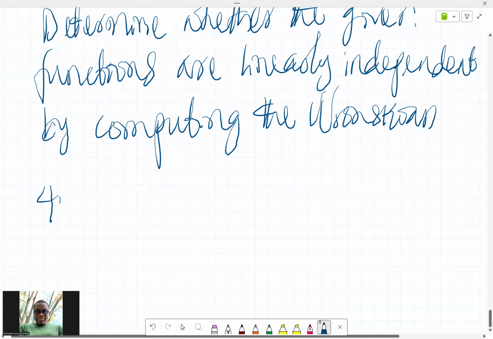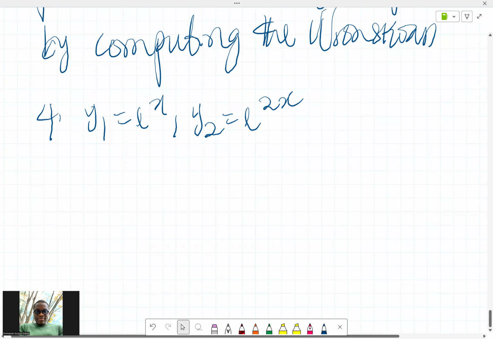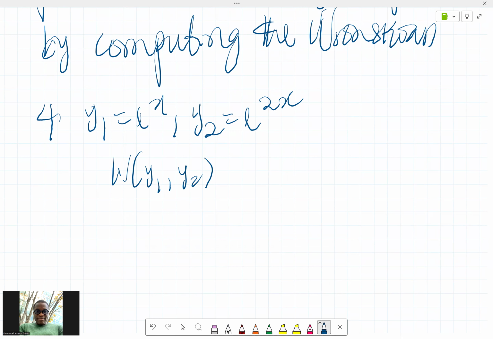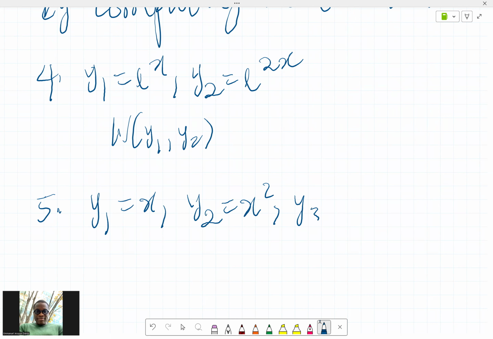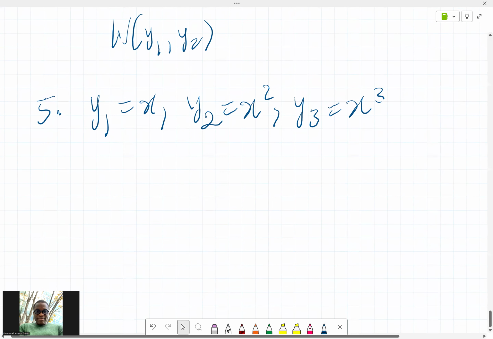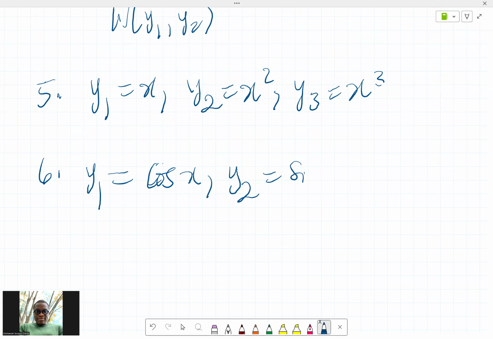So for 4 now, you have y1 equals e raised power x, y2 equals e raised power 2x. So you want to compute the Wronskian of y1, y2 for this. Number 5, you have y1 equals x, y2 equals x squared, and y3 equals x cubed. Number 6, you have y1 equals cos x, then y2 equals sine x.